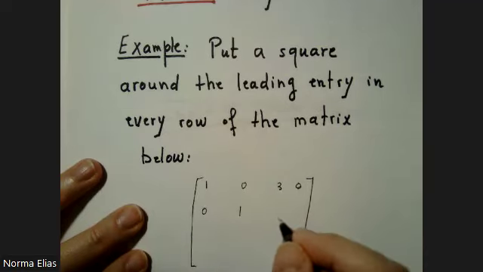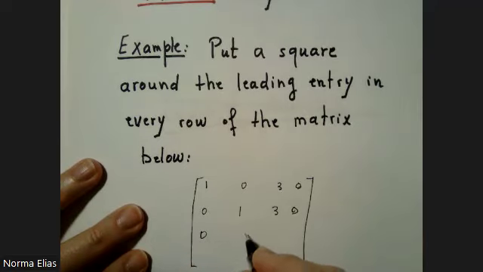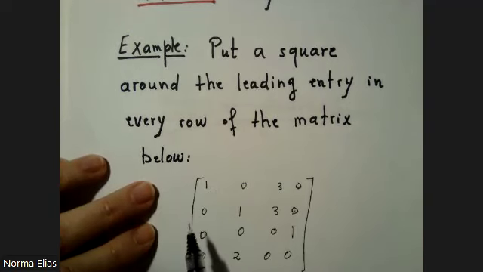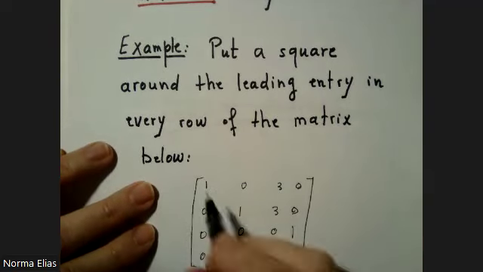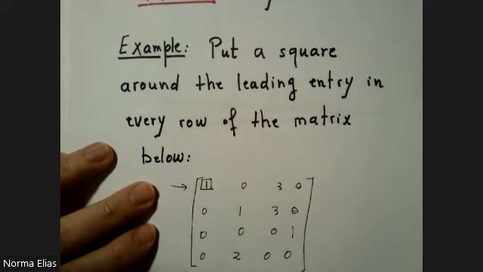What's important is the meaning of leading. And 0, 0, 0, 1, and 0, 2, 0, 0. Okay. The leading entry is the first non-zero number. So in the first row, that's what we call the leading entry.